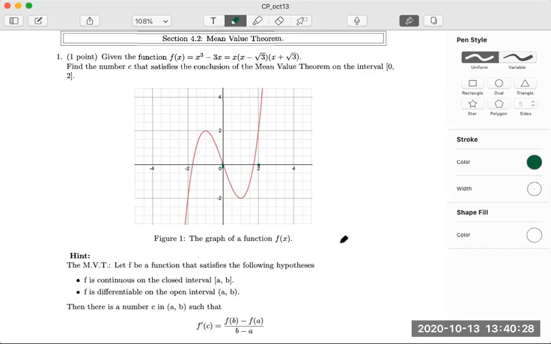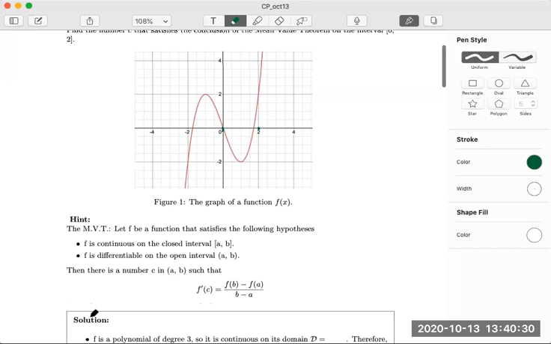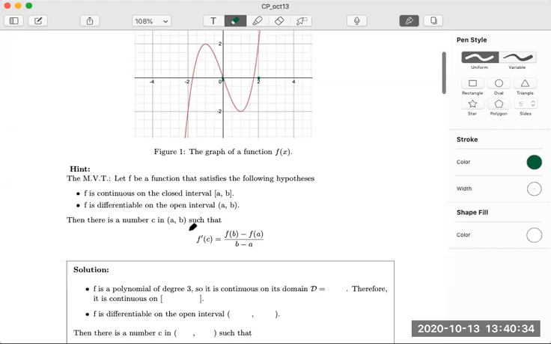And here is the conclusion of the mean value theorem. This equation, right? Or from this, we could also write it as f(b) minus f(a) equal to f prime at c, multiplied by the difference of the interval, b minus a, right?